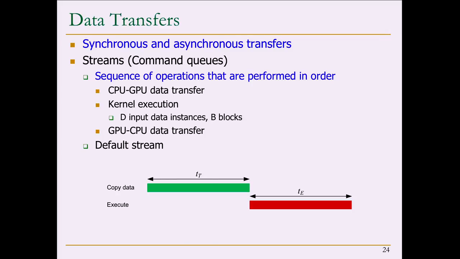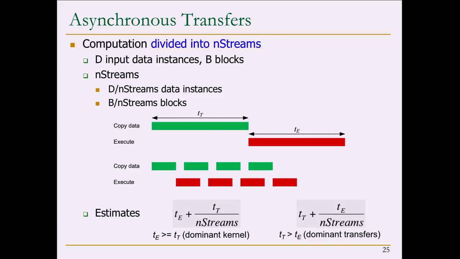But first of all, let's keep in mind that usually with these data transfers, and you might remember that we need to use cudaMemcpy from host to device or cudaMemcpy from device to host, these data transfers are usually synchronous. This means that the CPU thread is locked until the transfer has completed.